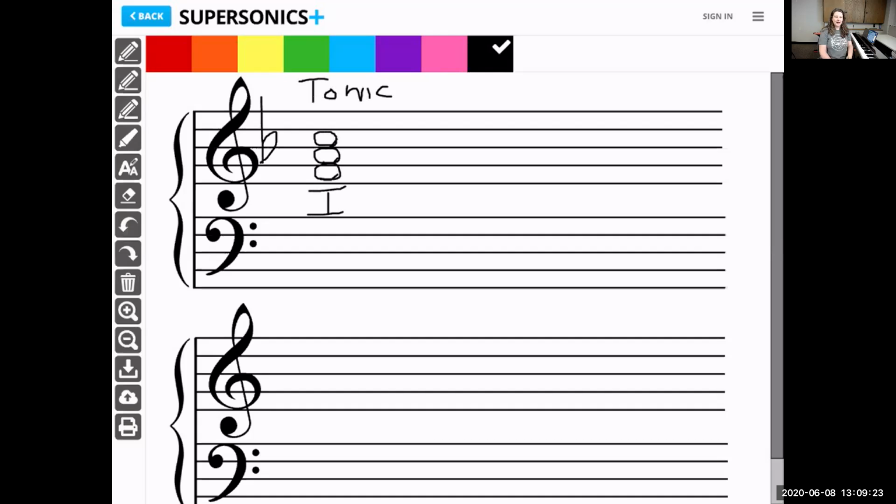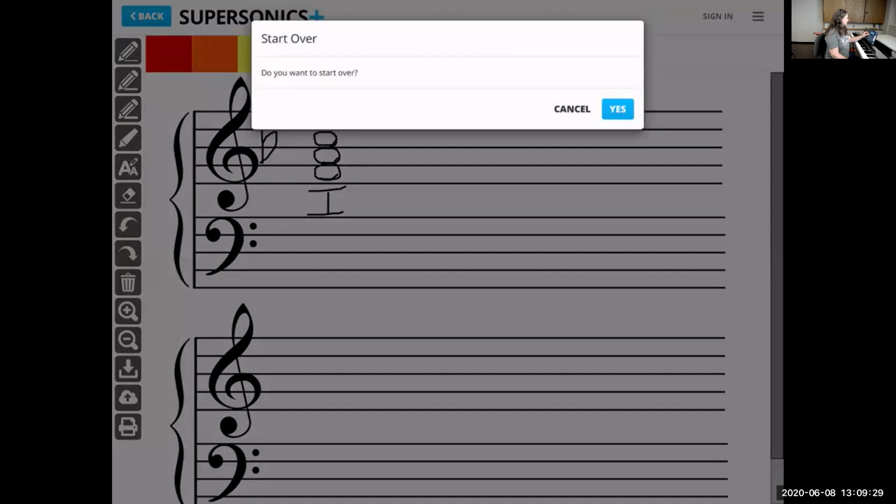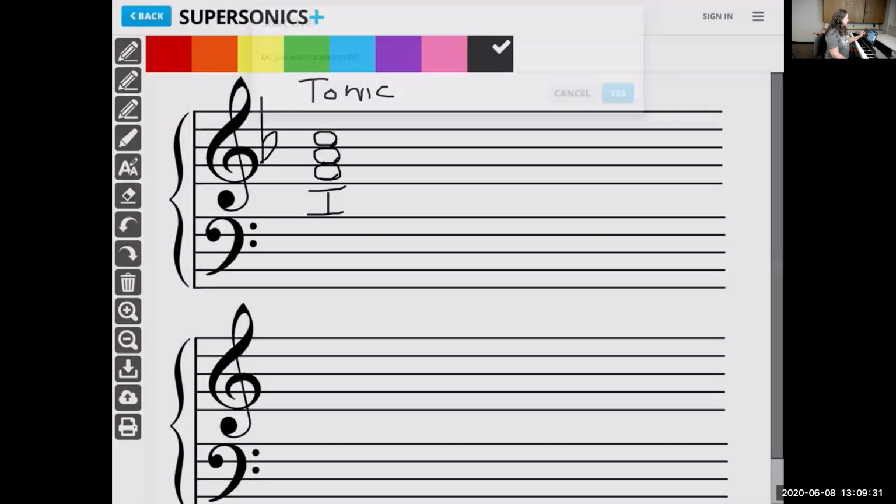I'm going to erase that word tonic just because I don't want to confuse you right now. So that would be the 1 chord in F major. I will write F major up here just so that we know what key we're in. Of course this chord is an F major chord, but it's the 1 chord.